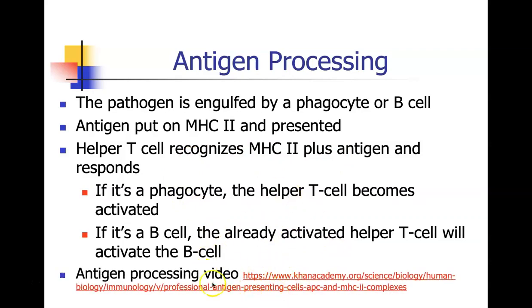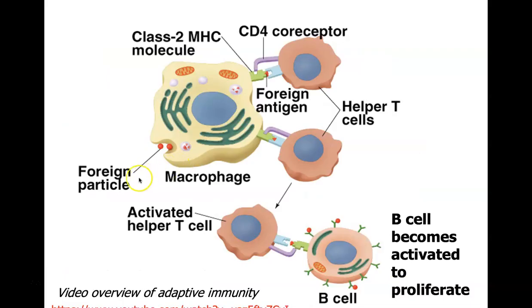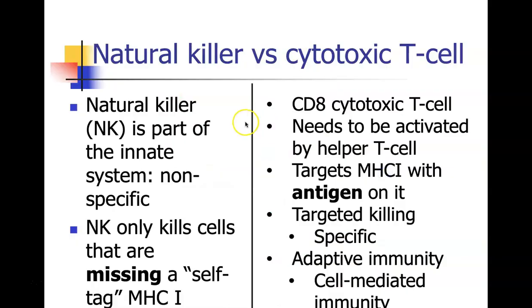And there's another good video from Khan Academy that talks about antigen processing. So good one to go ahead and watch and learn more about this process. Okay. So eventually our B cell becomes activated to proliferate, but you can see these helper T cells helping. They're binding to them as well. Okay.